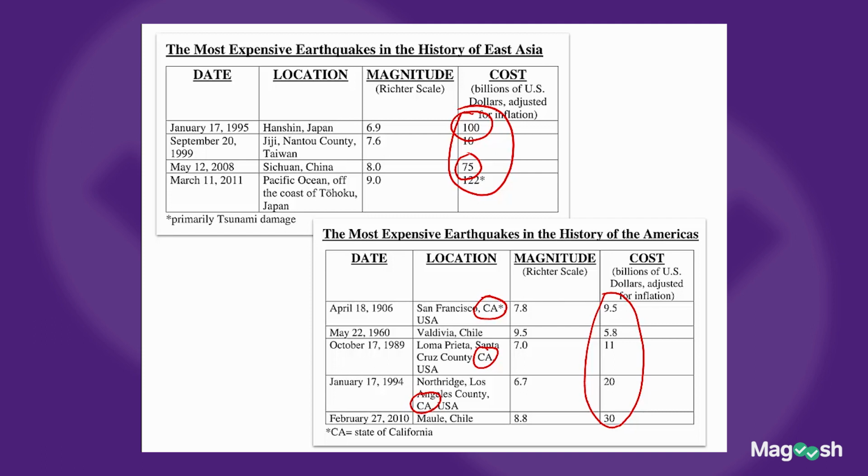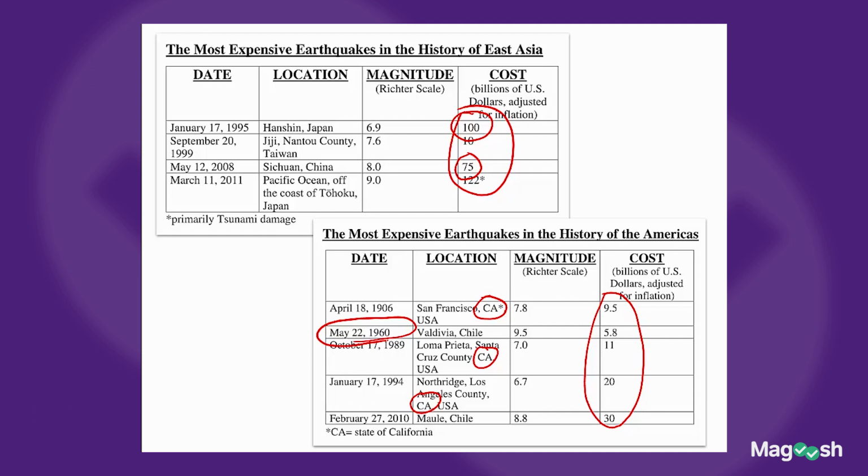Another interesting pattern to note in our tables is that the most powerful earthquakes do not necessarily equal the costliest earthquakes. For example, look at the 1960 earthquake in Chile. That is the strongest earthquake listed on either table, at 9.5 magnitude on the Richter scale.